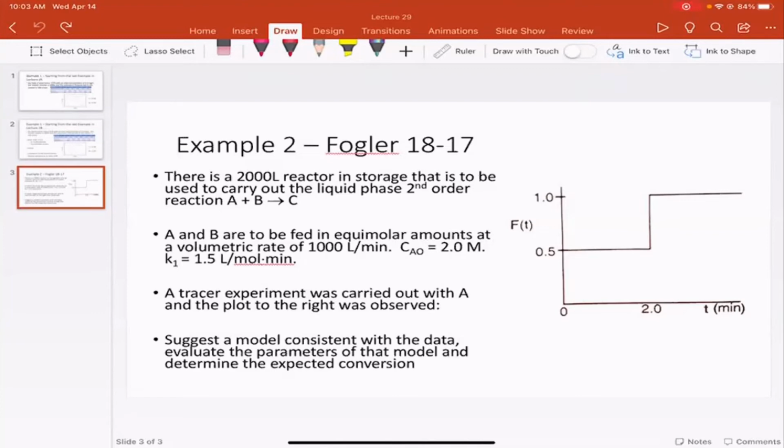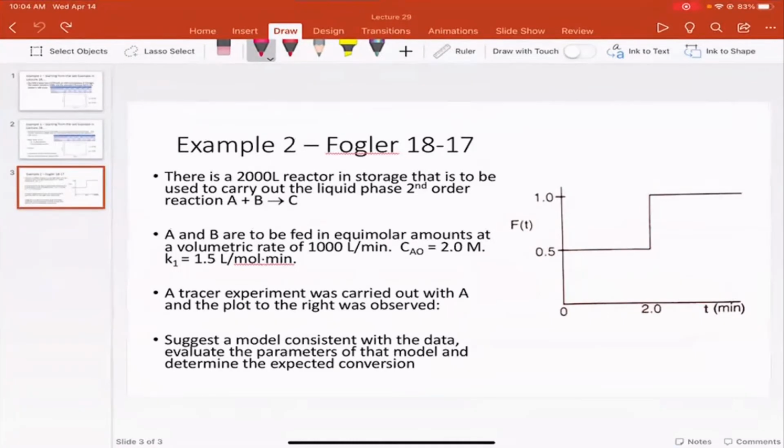So maybe one way to start thinking about this is, if you look at this, you have a reactant that has this sudden jump at one residence time. What type of reactor do we normally have that does that?